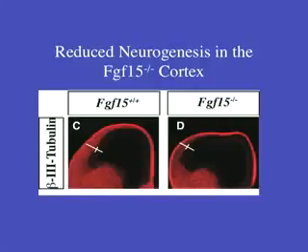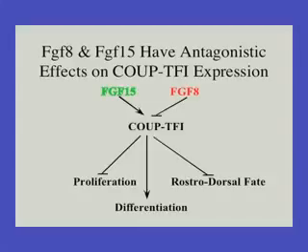So our friend COUP-TF1, we know, inhibits proliferation, promotes differentiation, and represses rostral dorsal fate. And at least we've defined two important regulators of its expression, FGF15, which promotes its expression, and FGF8, which puts a brake on its expression.